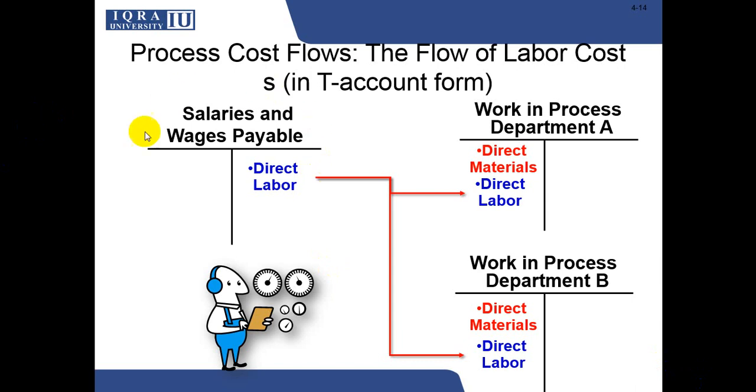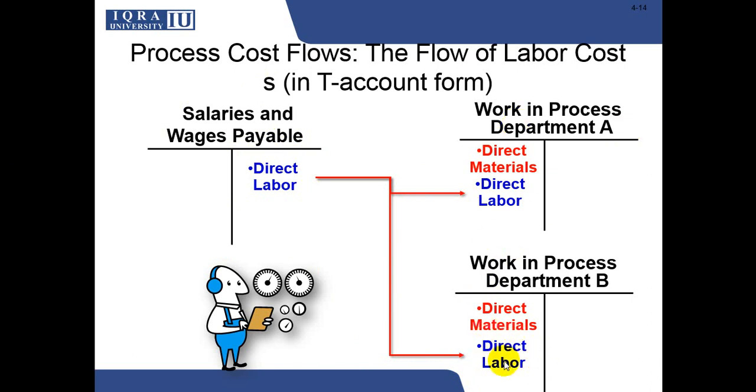Salaries and wages payable is credit, meaning direct labor incurred in Department A and in Department B. When the direct labor is incurred in Department A, we debit it, and when the direct labor is incurred in Department B, we again record it as a debit.